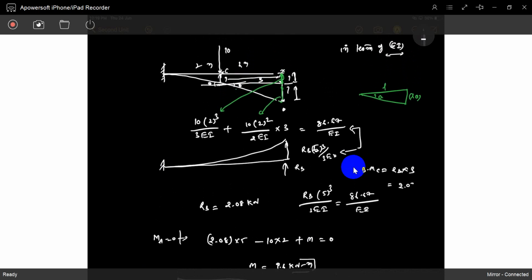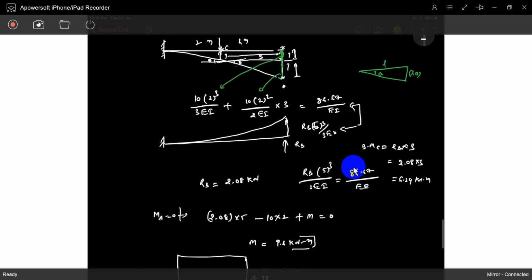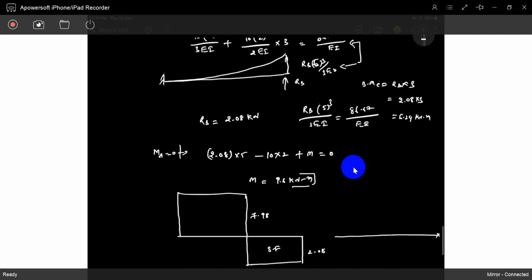RB is 2.08, so 2.08 into 3 is 6.24 kilonewton meter. It is a varying straight line over 3 meters, reaching 6.24 kilonewton meter.